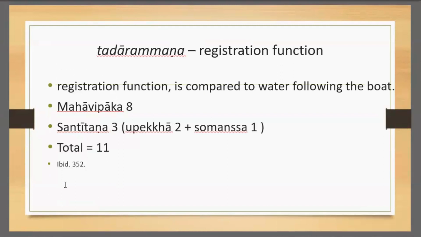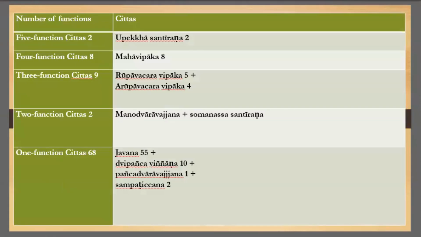How many Santirana? There are 2 Upekkha and 1 Somanassa, altogether 3 Santirana. So how many Tadarammana Chittas? There are 11: 8 Mahavipaka and 3 Santirana. Then let's classify those Chittas with regard to functions.